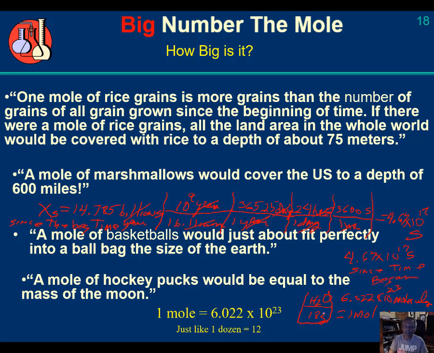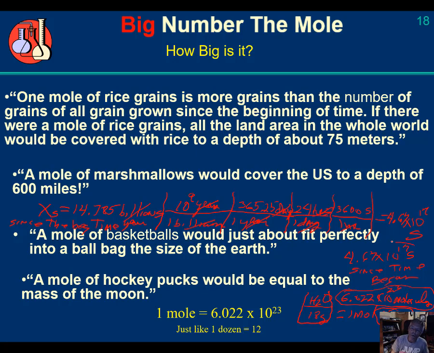Well, if I have 18 grams of water, I have 6.022 times 10 to the 23rd molecules of water. And I have twice as many atoms of hydrogen as that. That's a pretty astounding comparison.